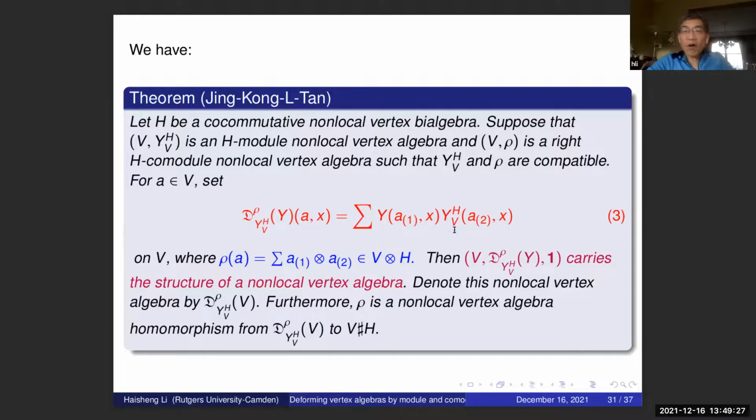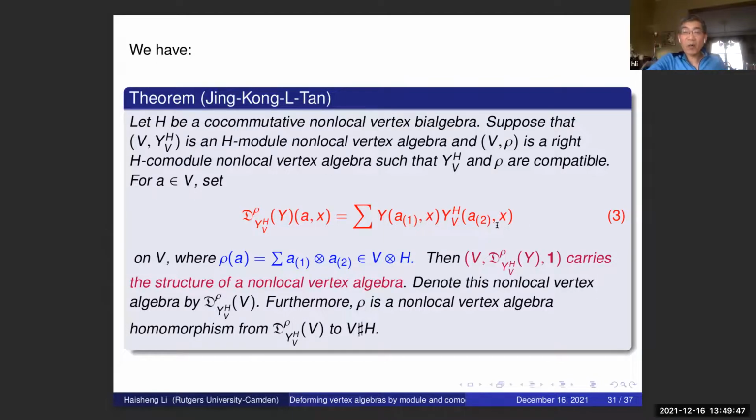So we know that on V we have two actions. One is V acting on V, another is H acting on V. So we use two parts: H acting on V first, then V acting on V second. But we use the same variable x here.